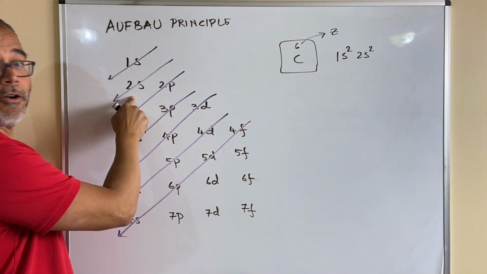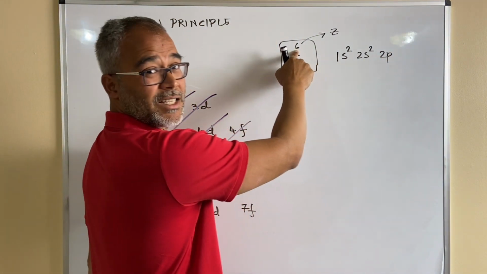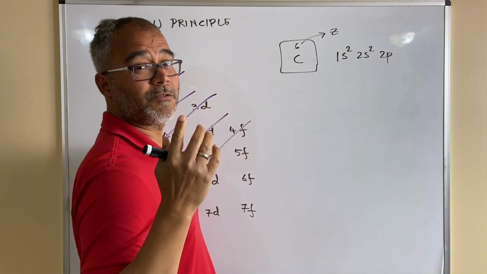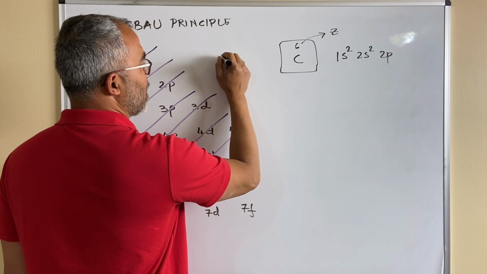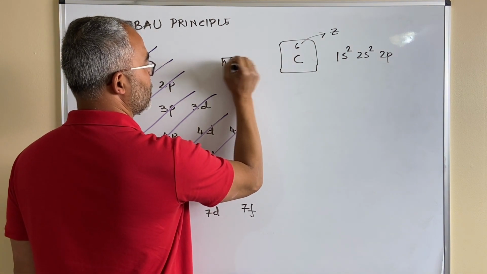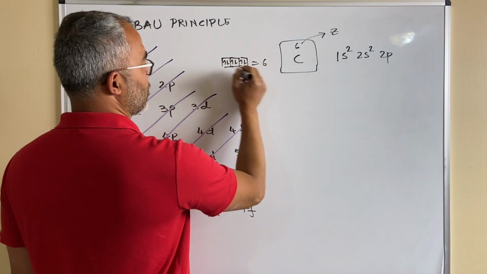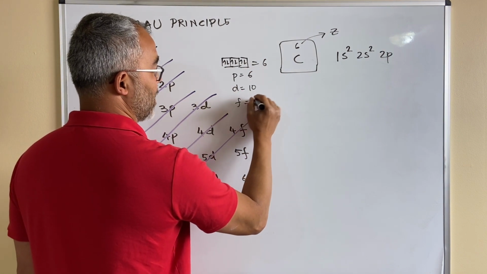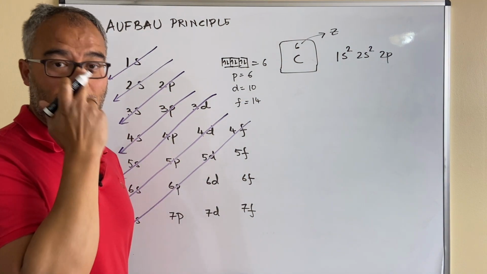Then the third arrow, 2p, where we have 6 to work with, because p has 3 boxes, and each of them can have 2, so a total of 6. P can have 6, D can have a total of 10, and F can have a total of 14. If you just fill up the boxes, you'll figure out how those numbers come around.